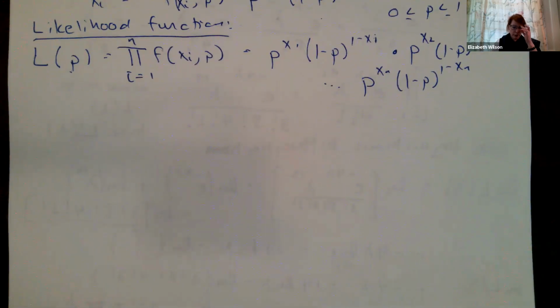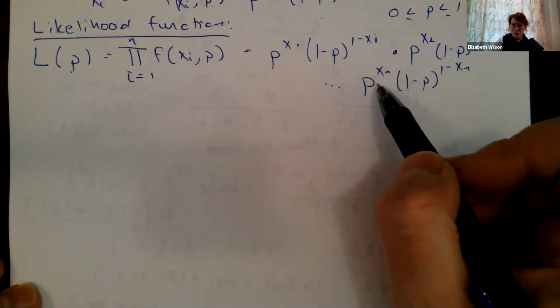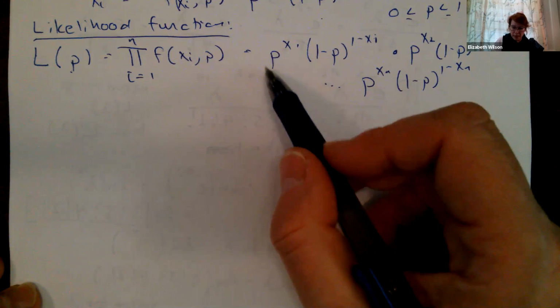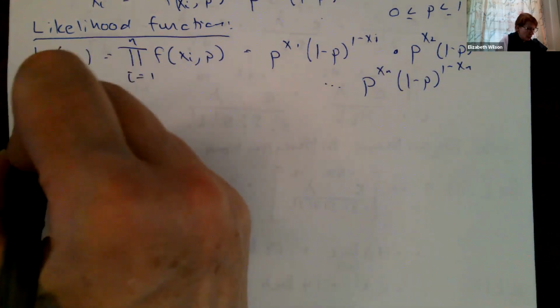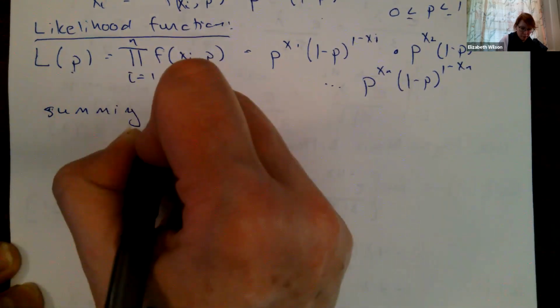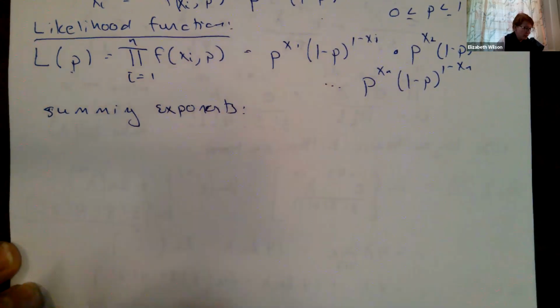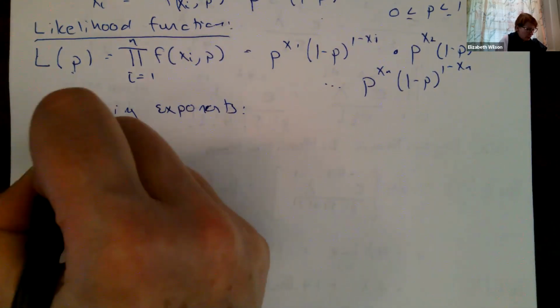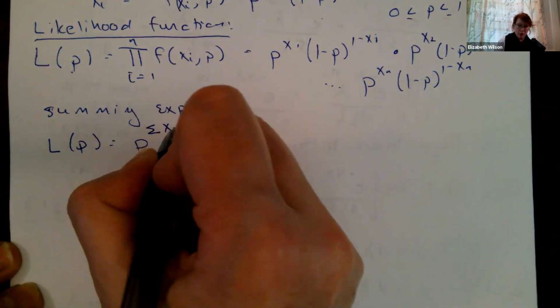So always with these products, I have to think about summing my exponents, because I've got p to the x sub 1, p to the x sub 2, p to the x sub 3, all the way. The base is the same here, just like it is here, and I have to think about how I'm going to sum all the exponents. So I'm going to think about L of p as being equal to p to the sum of all of my x sub i's.